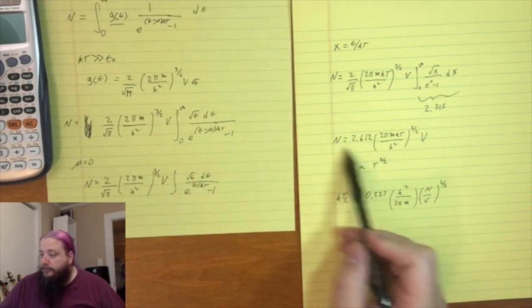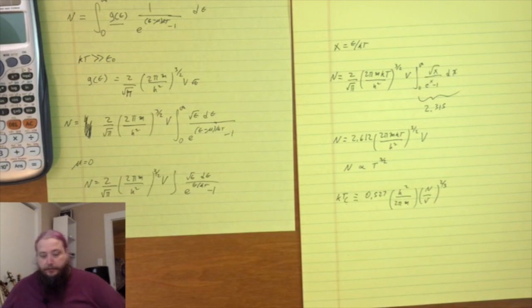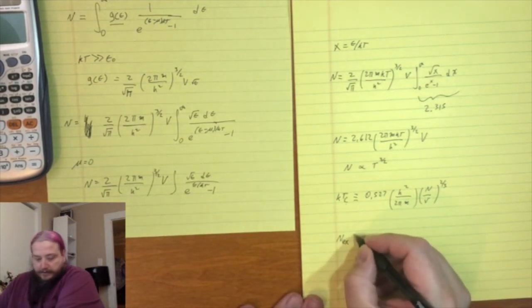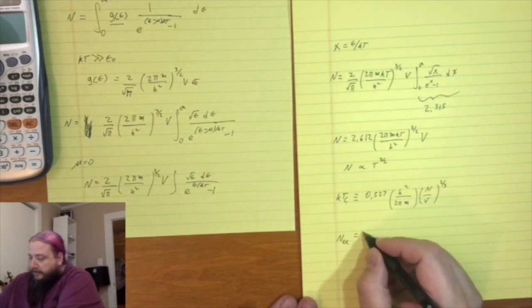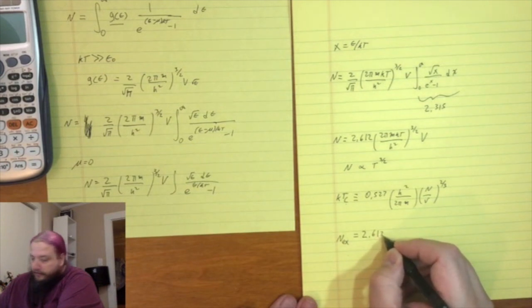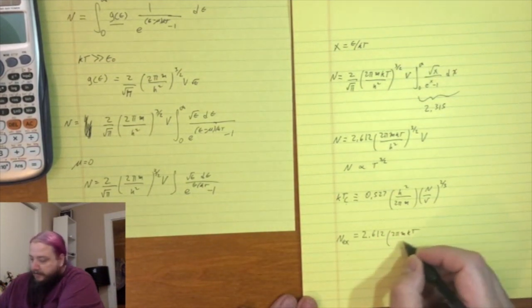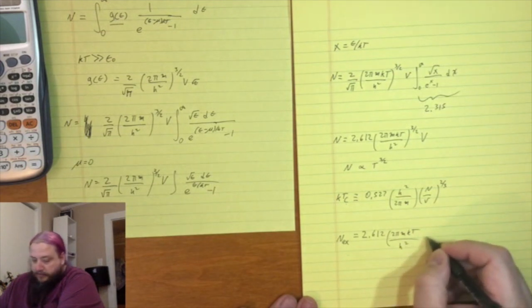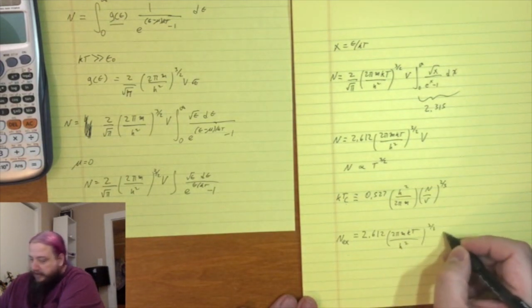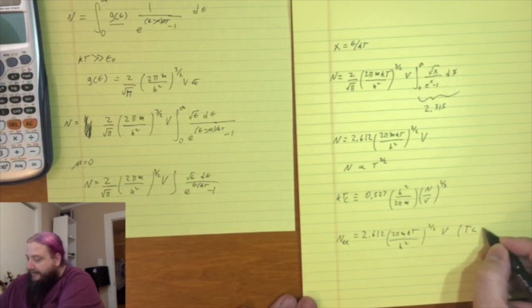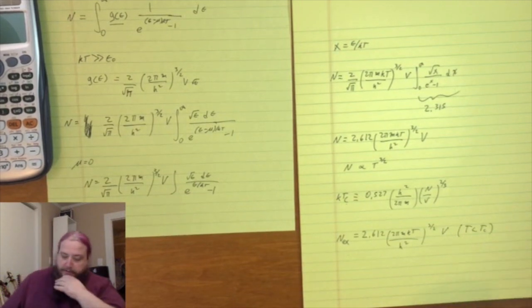And so we could use this integral to approximate the excited states as 2.612 times 2 pi mkT over h squared to the 3/2 V for T less than this critical temperature.